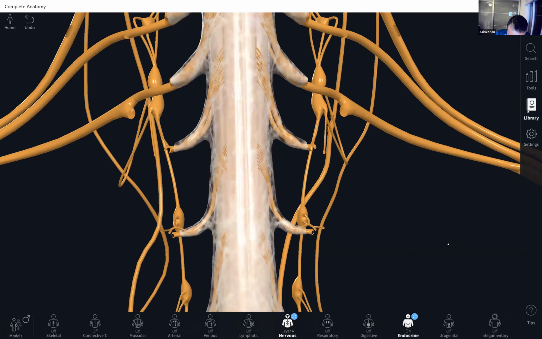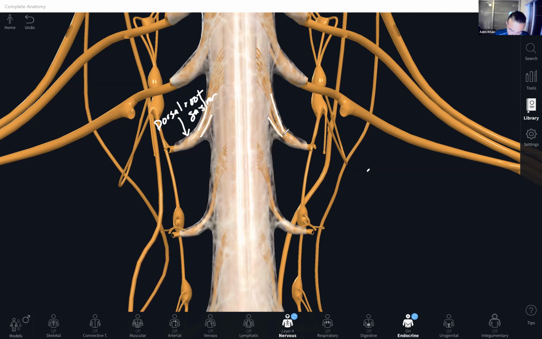If you look really closely, you will be able to see the dorsal root ganglion here. And then here's the dorsal root, and then here's the ventral root.